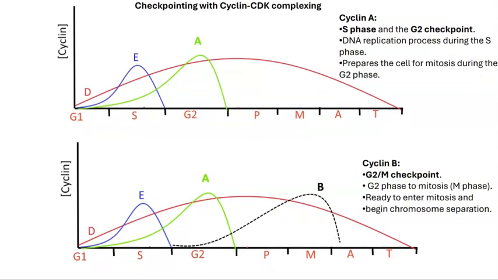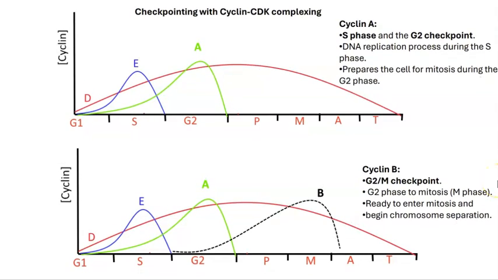The second two cyclins that I wanted to mention were cyclin A. Cyclin A reaches its peak in G2, although it's always increasing from the beginning of G1. And cyclin A is associated with the G2 checkpoint.